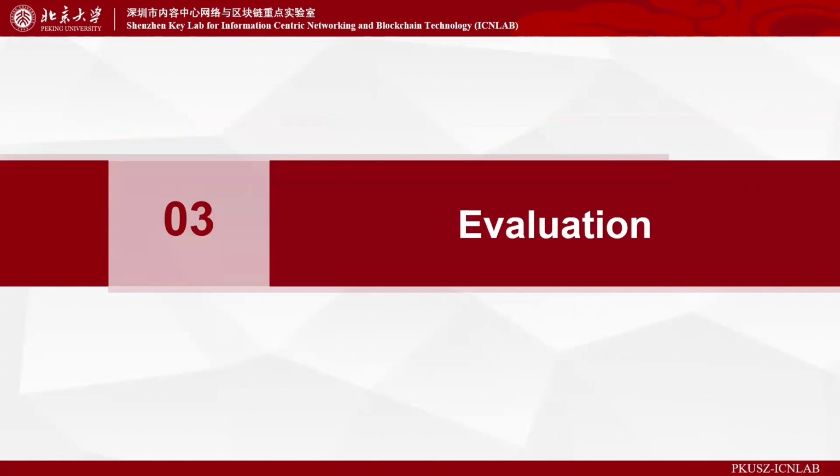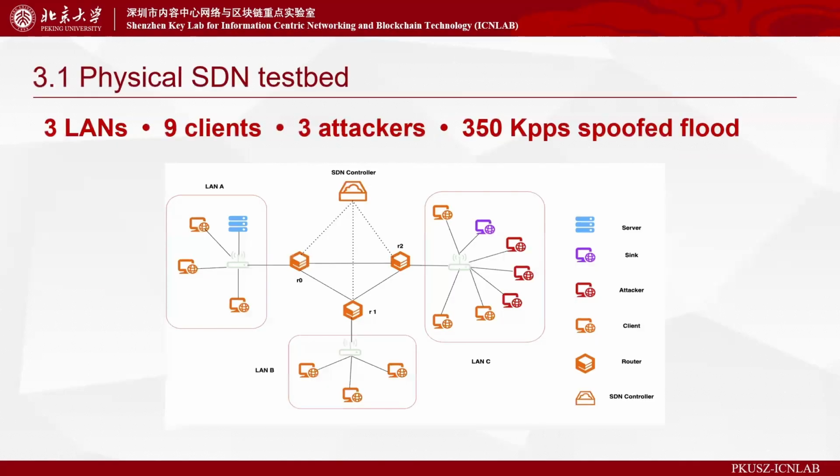Now, I will show how these mechanisms behave on a physical SDN testbed. The testbed contains a control server, 9 clients, and 3 attackers across 3 lanes.